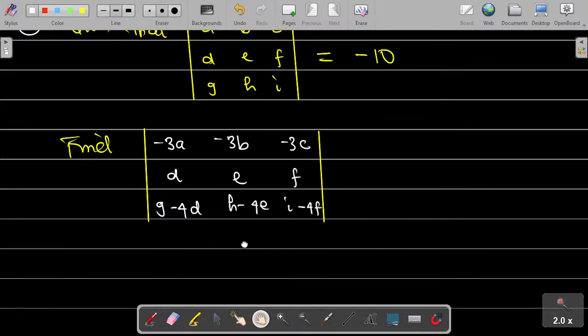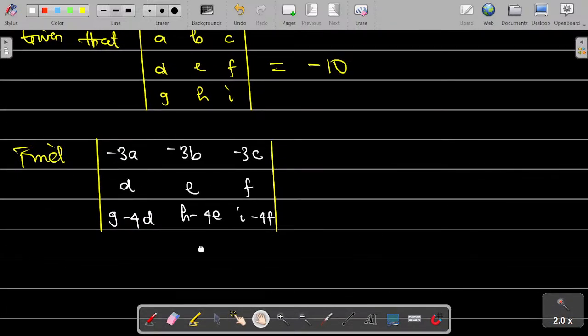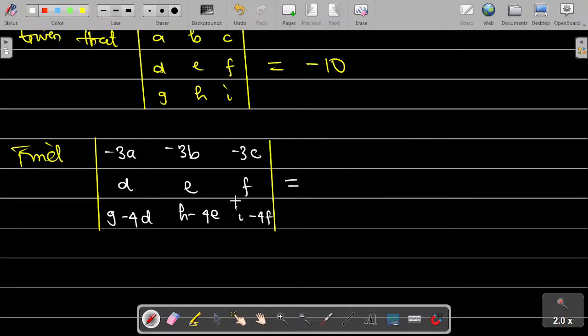That's a little tricky. We will try as much as possible to see how we can transform this matrix to contain the other matrix, because we know there's a relationship between a constant coefficient of a matrix and its magnitude, or absolute value, which is the determinant. So what do we do? Like I said, we'll see if it is possible to write this as something that contains the other matrix.